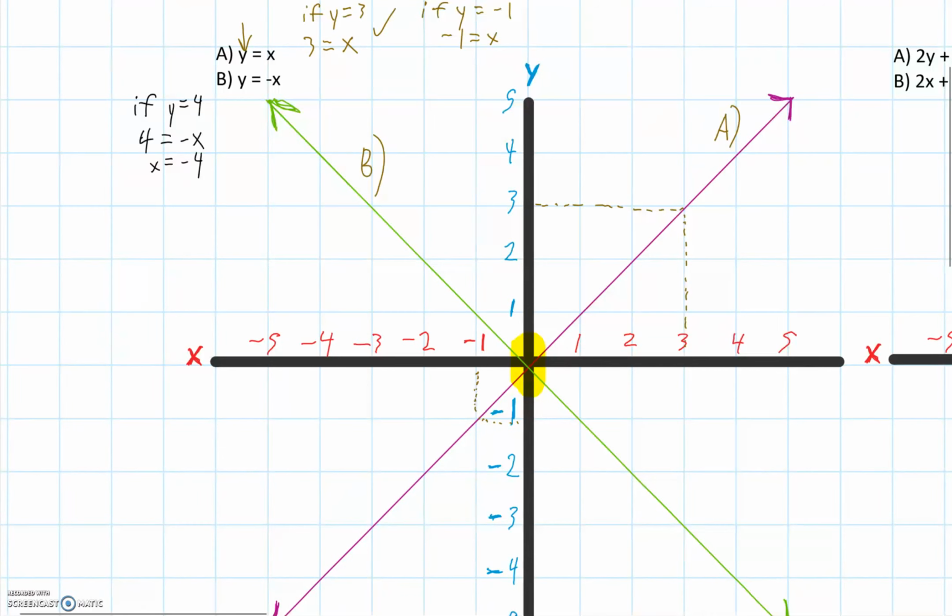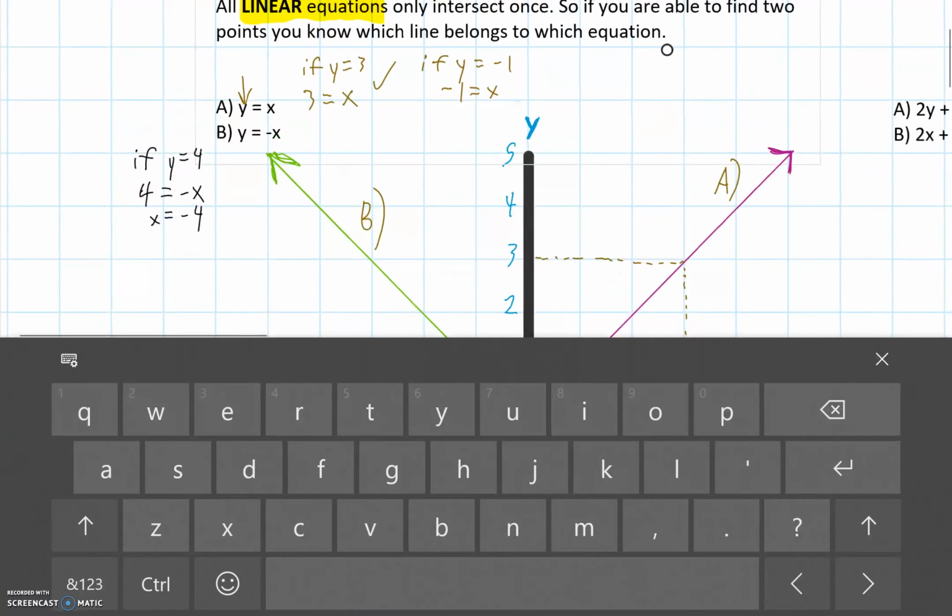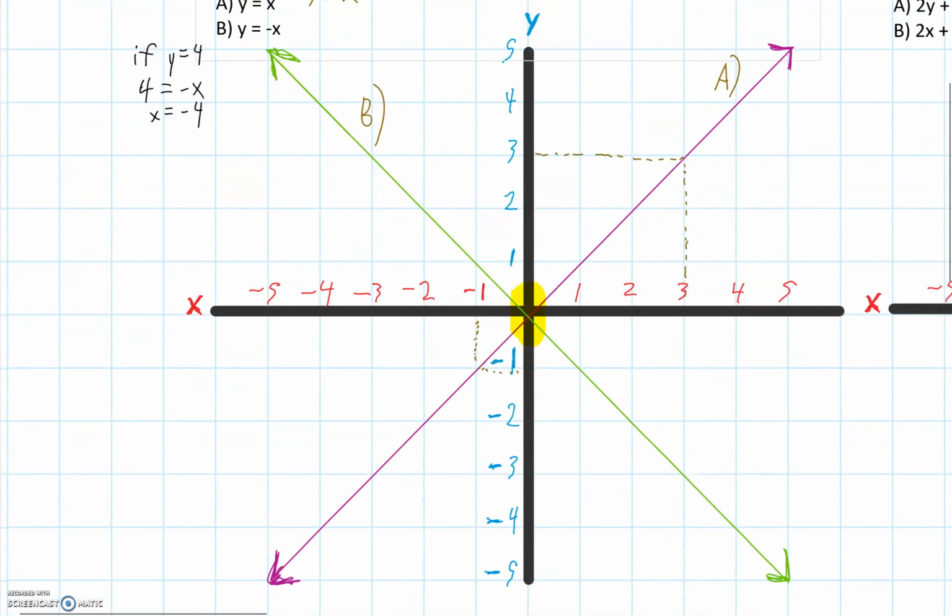Right? If I had -4 there, that would be right. Okay, so let's see if that's true. If y equals 4, then x is going across. X is -4. That is correct.